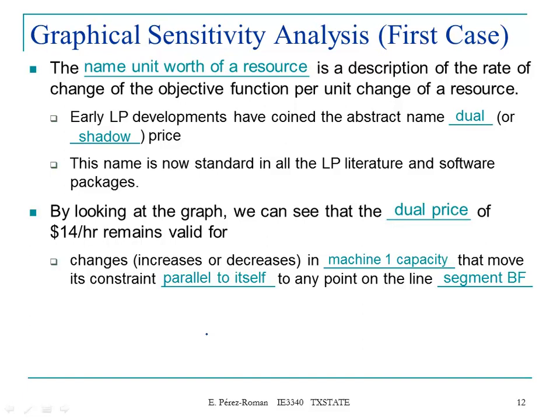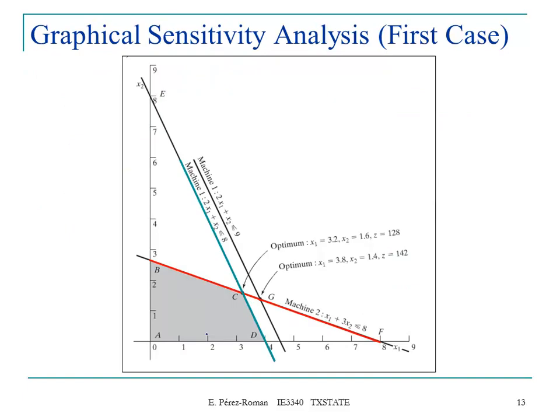Okay, so you saw how by moving that constraint parallel to the original one, to the right, you were able to increase the optimal value and the revenue you were making in your problem. So what we're saying is that you will be able to affect your objective function value if you move this constraint along this line, because that will be changing your feasible region.